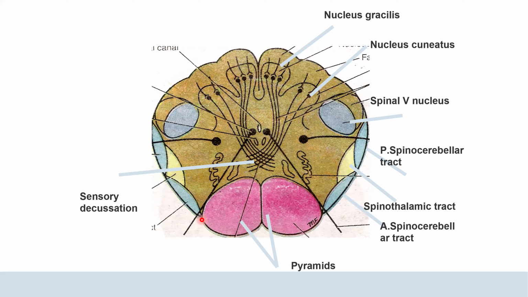Which was between the pyramids and our olives. 12, perfect. So this would be our hypoglossal. This hypoglossal nucleus gives us our last cranial nerve, and our first cranial nerve in this case, because we're moving from the bottom up. And this is going to be for the motor supply of the tongue. Perfect.